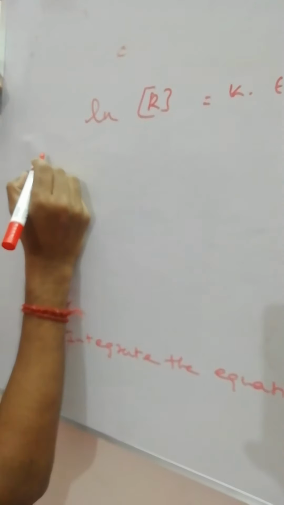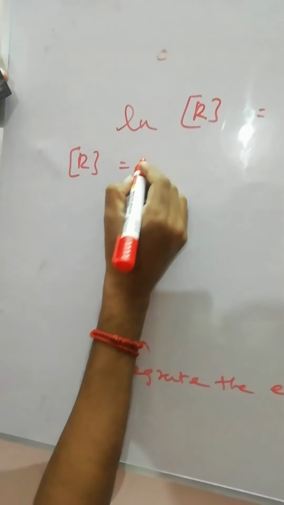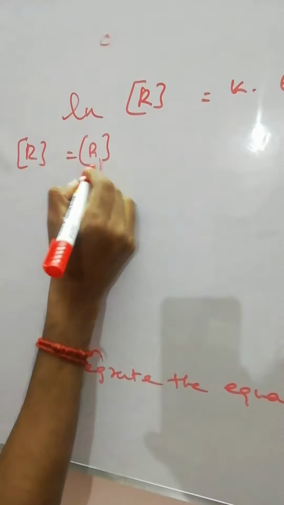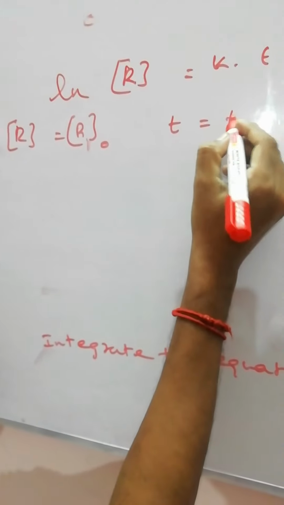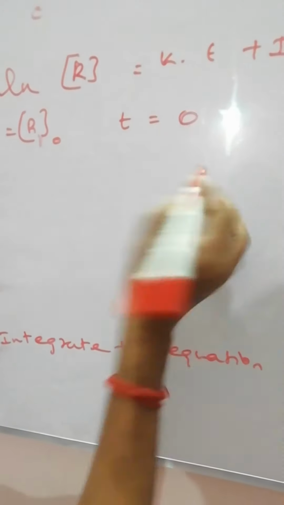Suppose R equals R0, the initial concentration, when the reaction starts initially. The time at that stage is t equals 0.